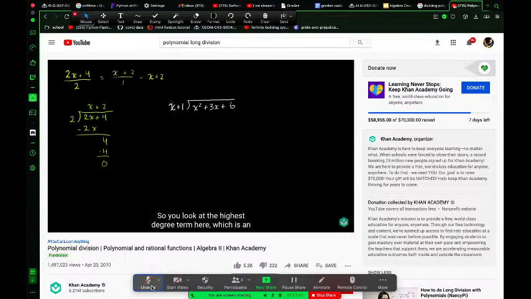You look at the highest degree term here, which is an x, and you look at the highest degree term here, which is an x squared. So you can ignore everything else, and that really simplifies the process. And you say x goes into x squared how many times? Well, x squared divided by x is just x, right? x goes into x squared x times. You put it in the x place, or the x to the first power place.